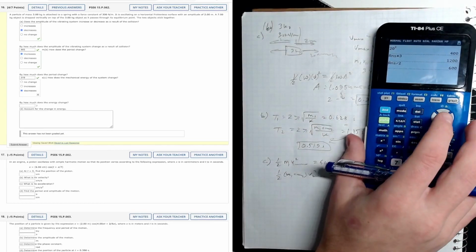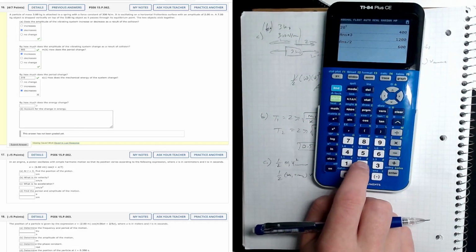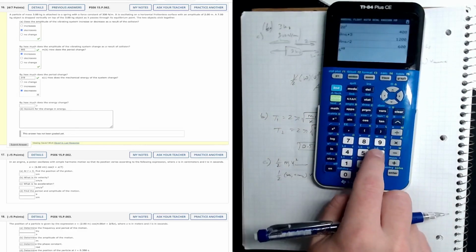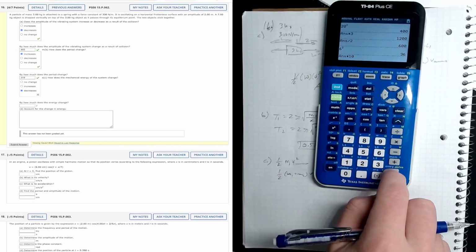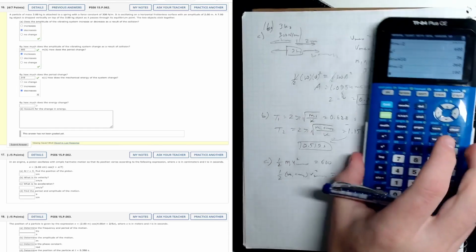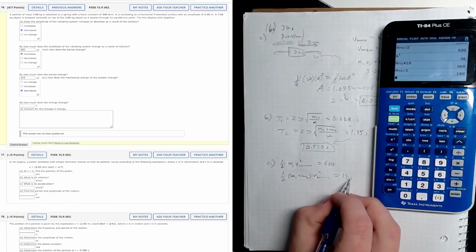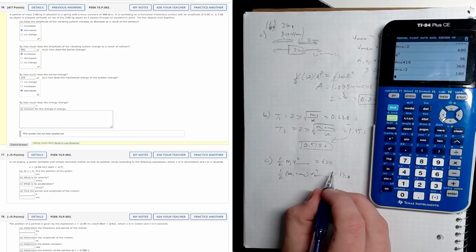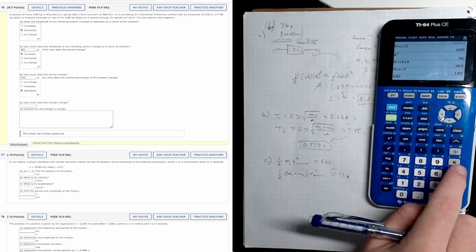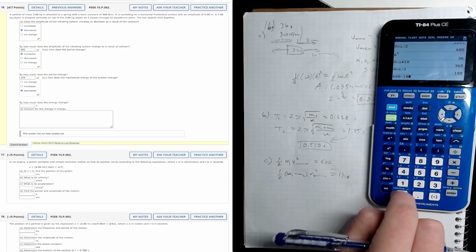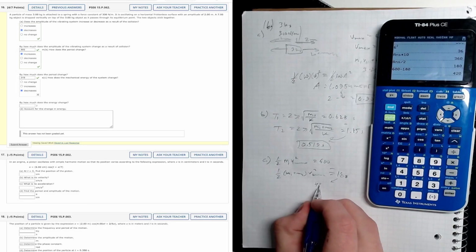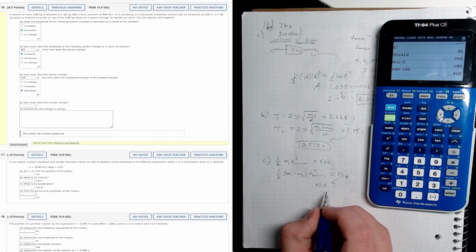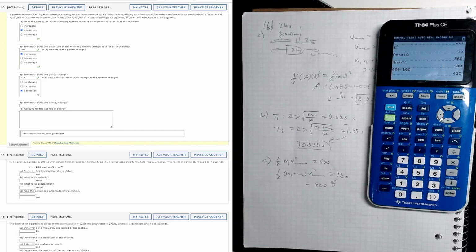Then we have 1/2 those two combined, 6 squared times 10 divided by 2, 180. So it makes sense. It decreases 600 minus 180, 420. Decreases by 420 joules.